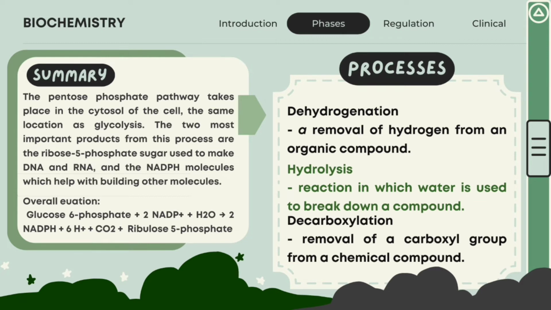Because in step 3, we want to generate yet another NADPH molecule as well as release that carbon dioxide to generate a pentose sugar. And this ribulose 5-phosphate will then be transformed into its isomer form, the ribose 5-phosphate, which can then be used in the second phase of the pentose phosphate pathway, the non-oxidative phase that we're going to focus on in the next presentation.